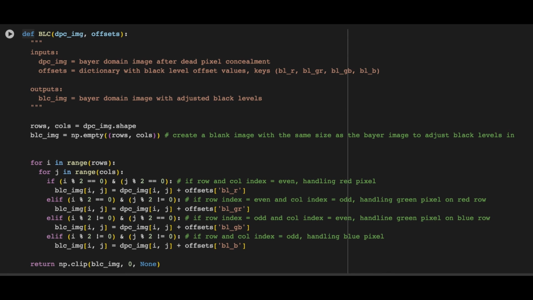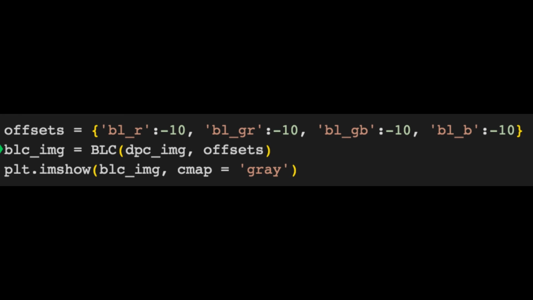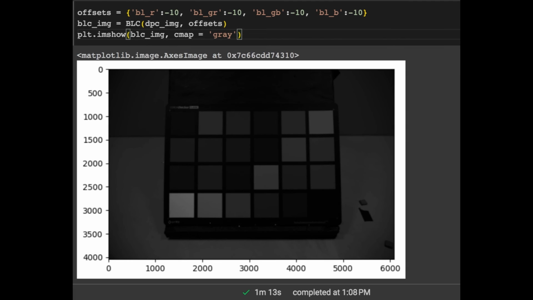These could involve things like taking a picture with the lens still on shortly after manufacturing and running an algorithm to compute. Usually they'll end up not having R, GR, GB, and B offsets the same. For us though, I'm just going to subtract 10, since using the np.min command, I know that the minimum value in this image is around 10. Finally, you can visualize the image using plt.imshow.